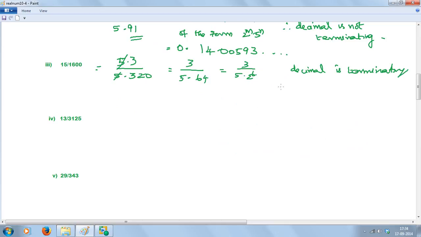If you divide 3 by 320, we have to take 0 point, we have to add a 0, one more 0, one more 0, one more 0, and you have to go on dividing.